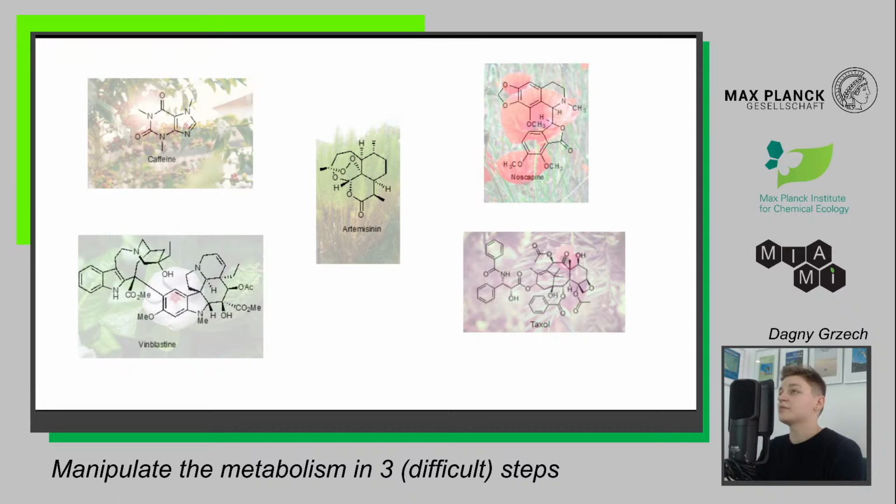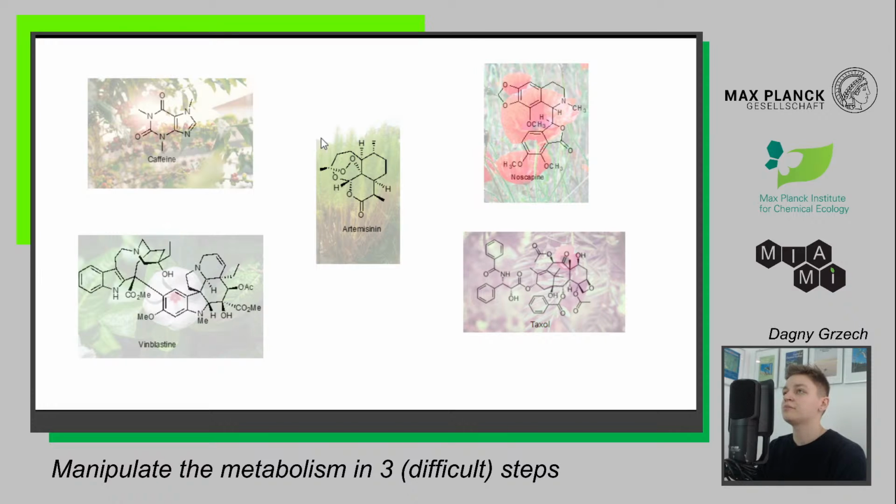And then we have some other examples, such as Taxol, which is an anti-cancer compound from the yew tree. And you can see this is quite a complicated scaffold. It is actually used in chemotherapy, and it's a very potent chemotherapy agent. Then we have artemisinin, this compound right here, that comes from the plant Artemisia annua.